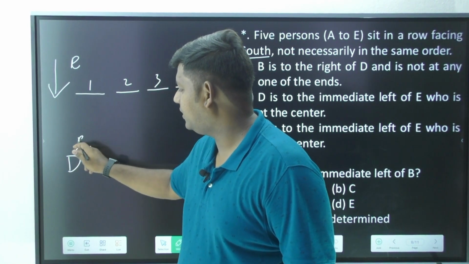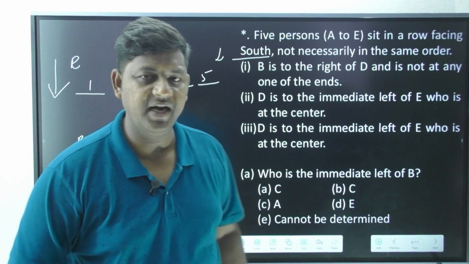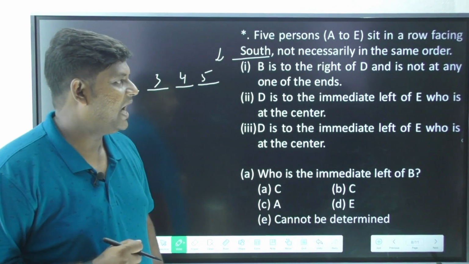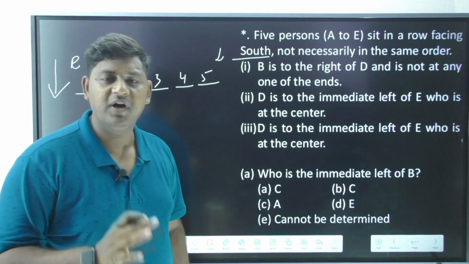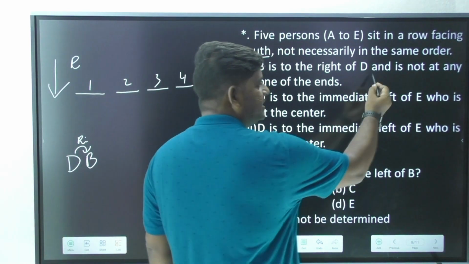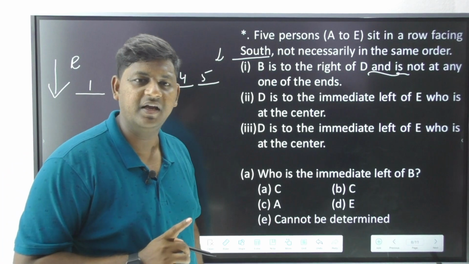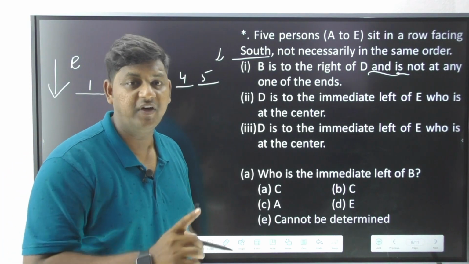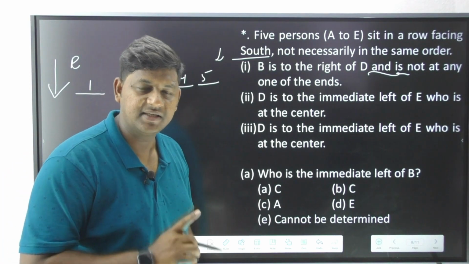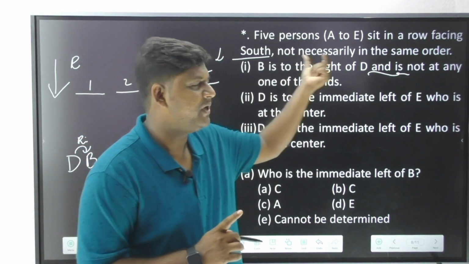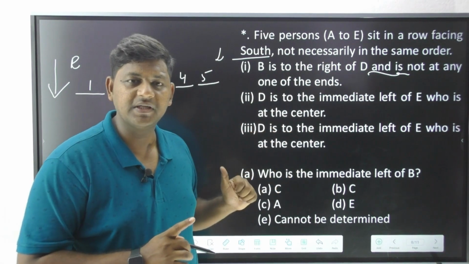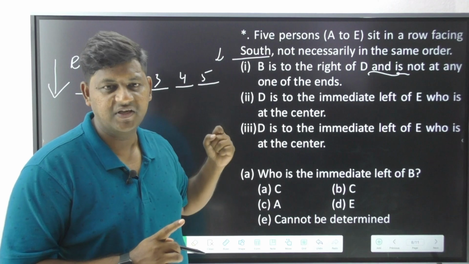D's right side B should be coming. I'm just going to write it down in that way. D's right side B is going to come, and E is not at any one of the ends. Please remember this: the keywords "and" and "but" refer to the first person, not the adjacent person. In between B and D, who is the first person over here? B is the first person.